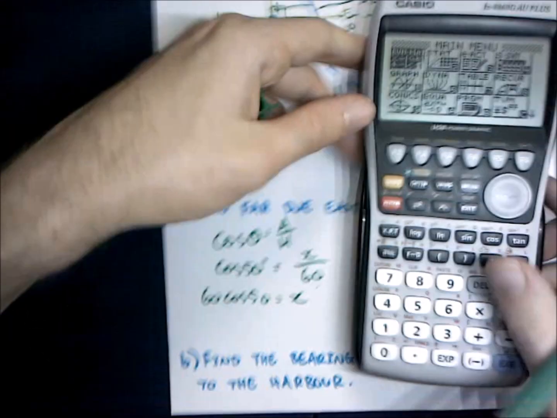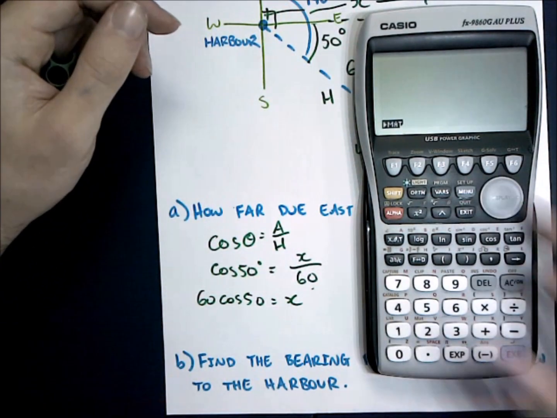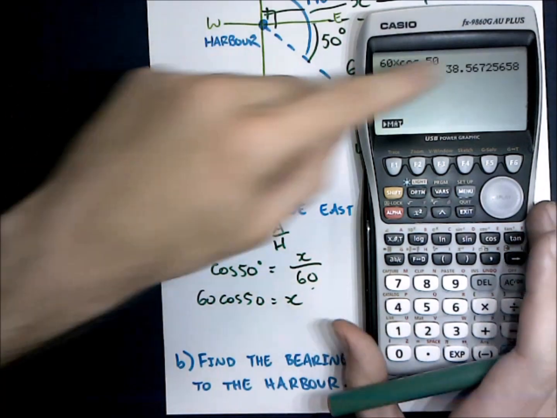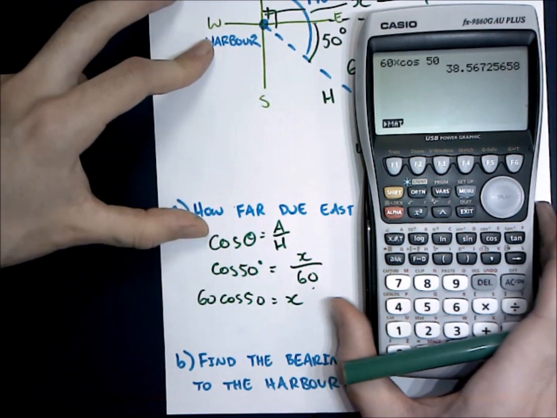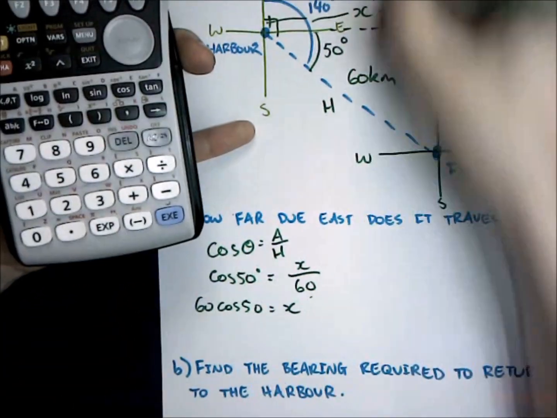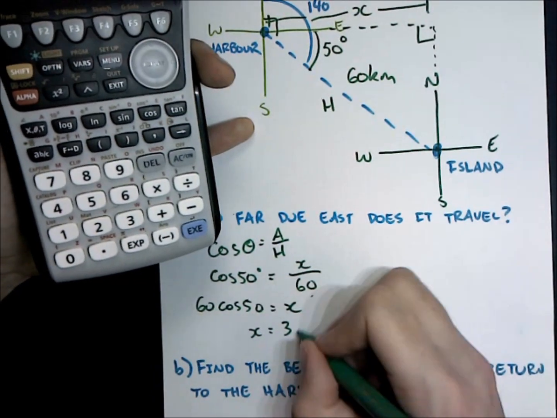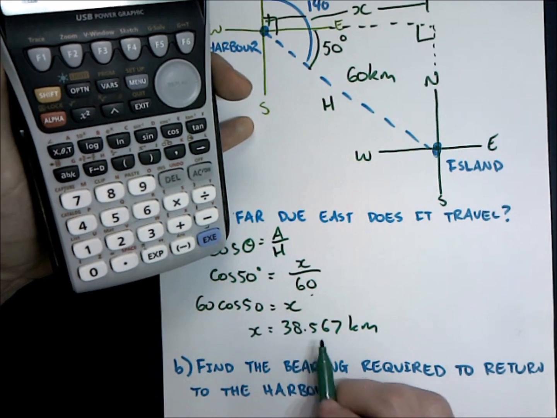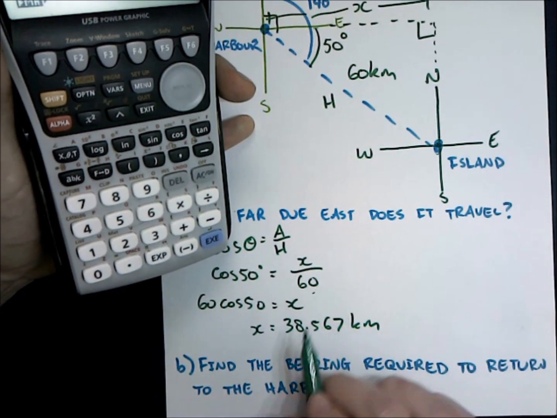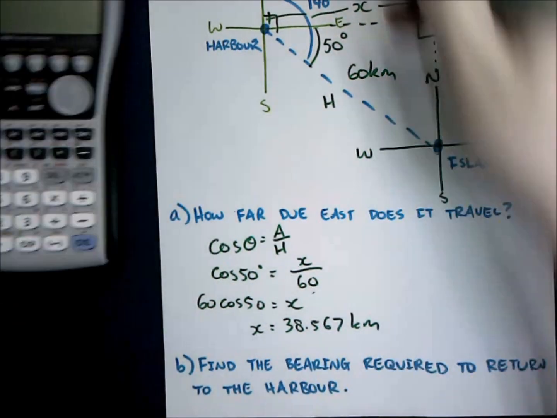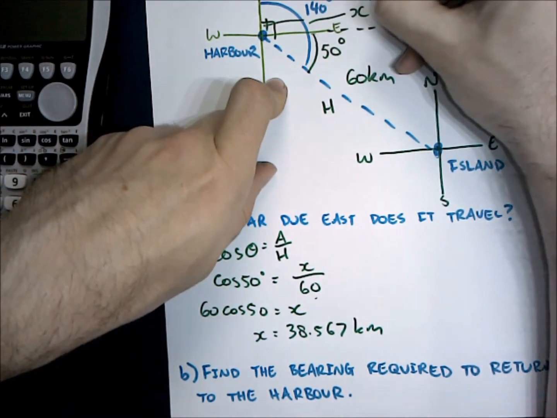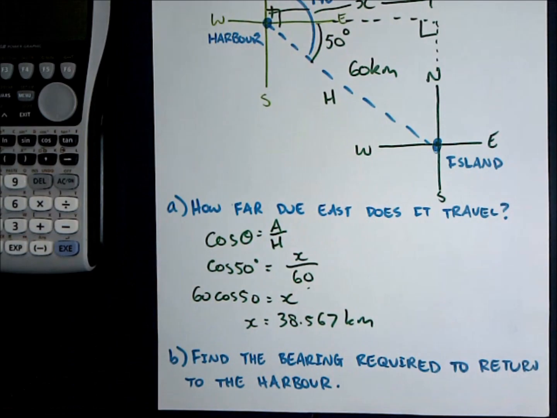When I throw that in my calculator, it's 60 times cos 50, and I get 38.567. So x is equal to 38.567 kilometers, and I've taken it to 3 decimal places so that it's to the closest meter. I'm going to write that on my diagram as well. So I've got 38.567 kilometers in that direction.